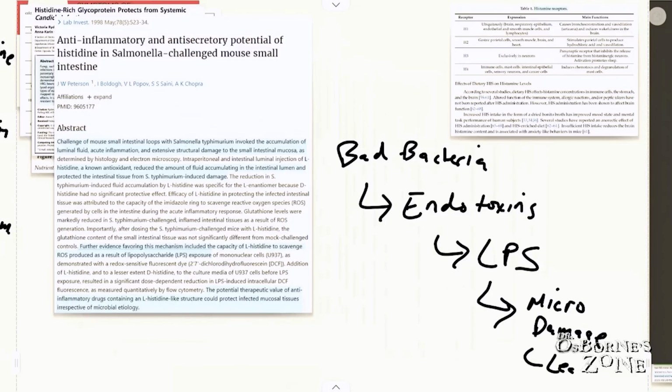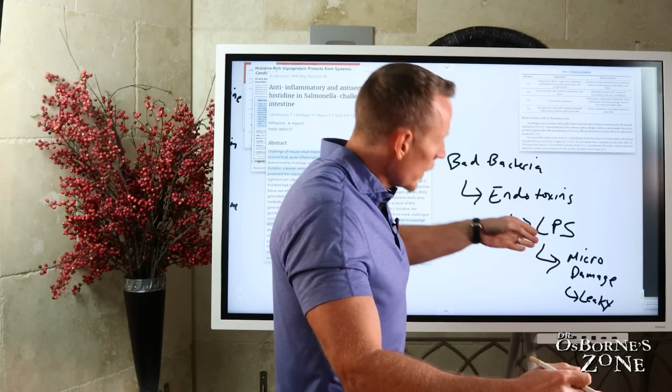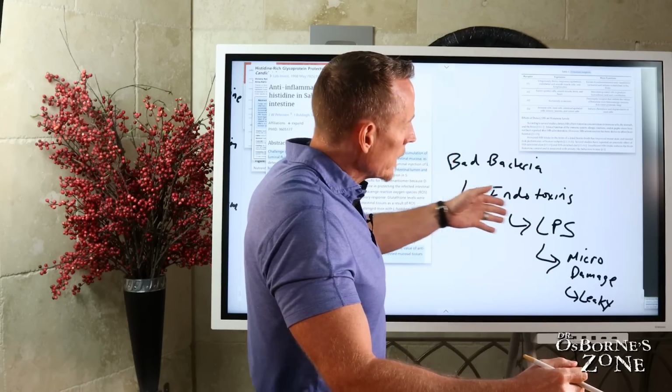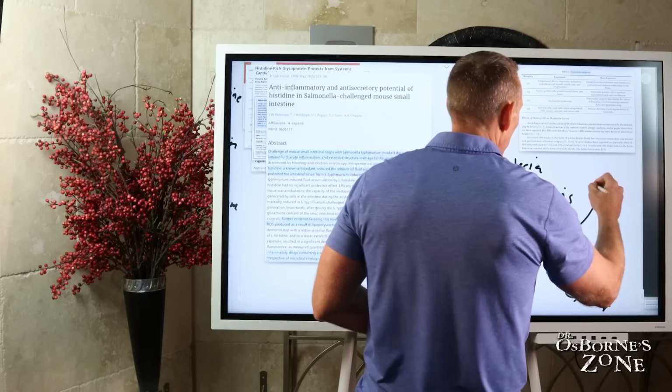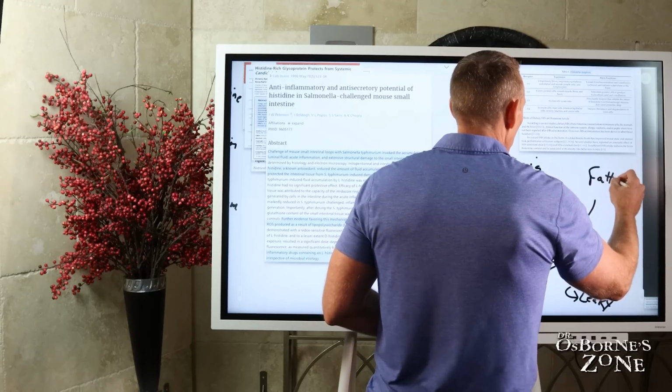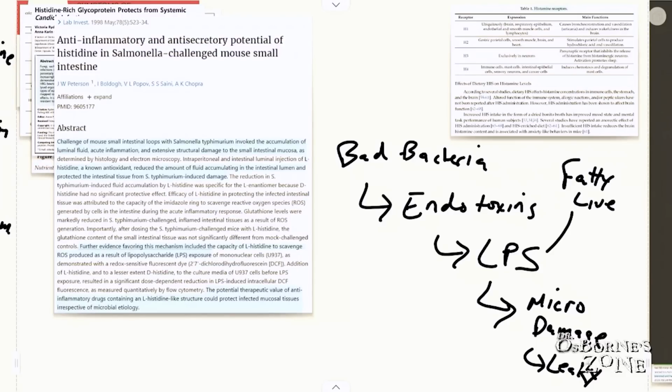So leaky gut, and that can create a cascade, a whole host of different problems, because once you have LPS damaging the gut, they can now leak into your portal circulation, which goes straight to your liver, and these have now been linked to fatty liver disease and liver damage, as well as systemic inflammation.